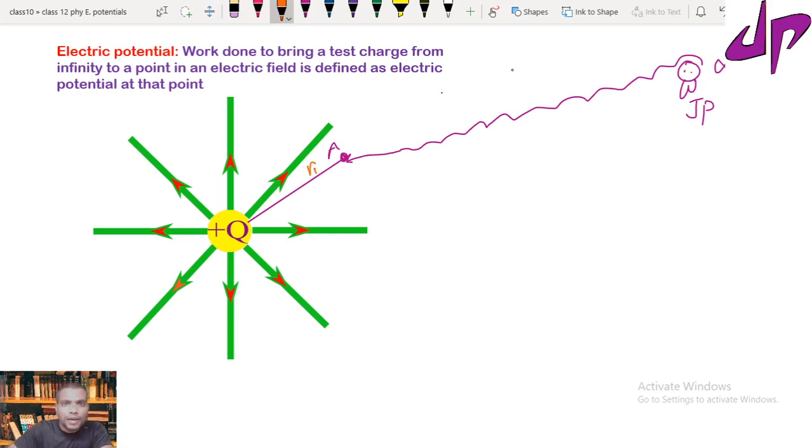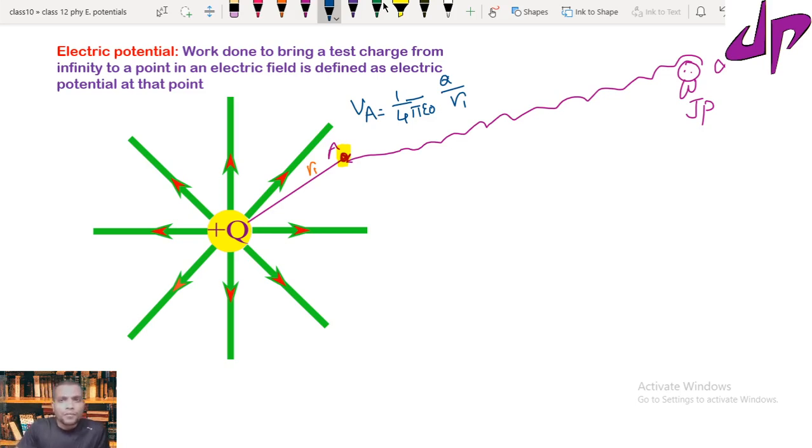So we define the potential here: potential at point A equals 1 over 4 pi epsilon naught, Q upon R1. Here Q is the source charge.